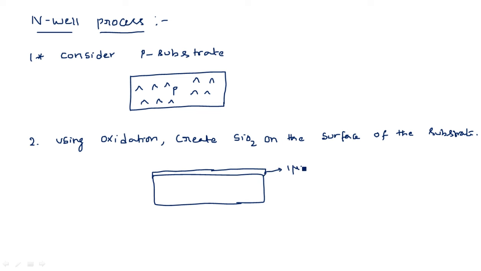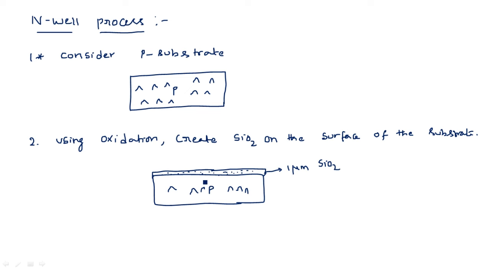The thickness is 1 micrometer SiO2 layer. There are two different types of oxidation, thin oxidation and thick oxidation. Here we are using thick oxidation, which is 1 micrometer. If it is 0.1 micrometer, that comes under thin oxidation. The oxide layer is represented by dots here, and this is the P substrate. So using this oxidation we have created the SiO2 layer.